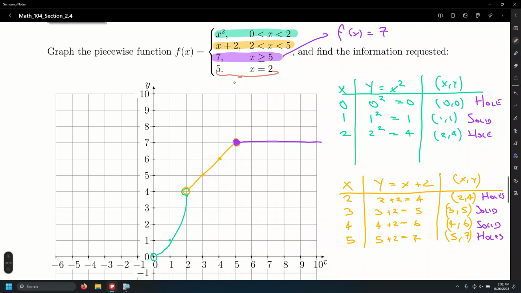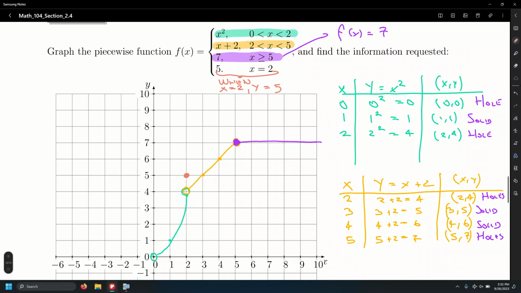So this means when x equals 2, y equals 5, because f of x equals 5. And again, f of x is the same as saying y. So that's going to be a single ordered pair when x equals 2, y equals 5, which will be this point, like in the middle of nowhere.